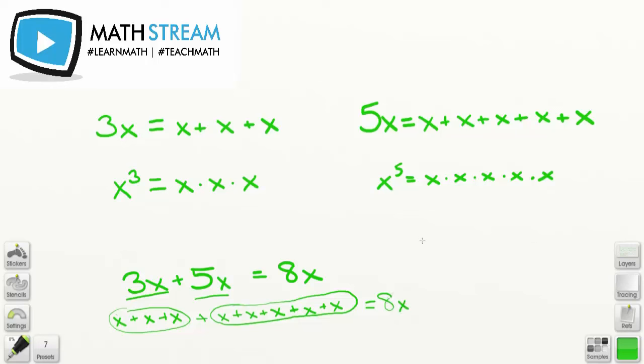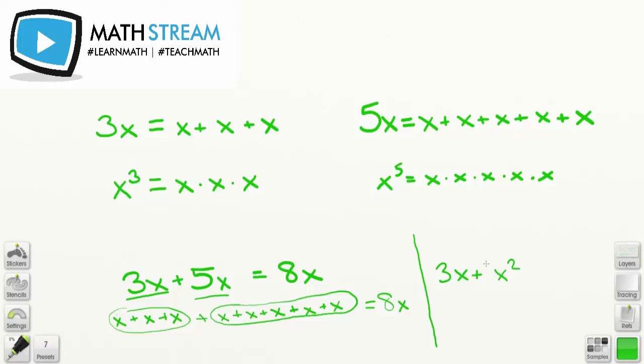That's a happy scream. All right, so 3x plus 5x equals 8x. However, let's suppose that I had something like 3x plus, let's say, x squared. Actually, you know what I'm going to do?